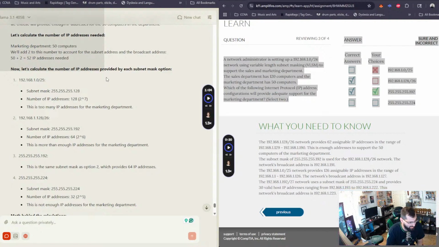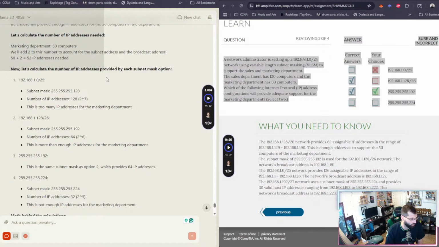So that's 2 times 2 is 4, times 2 is 8. Where'd we get 7 from, by the way? Okay. 8, 16, 32, 64, 128. It's a lot. But that's going to be enough for those computers. Got it. This is more than enough IP addresses for them.